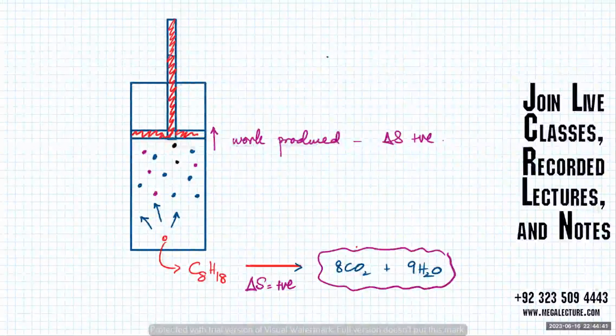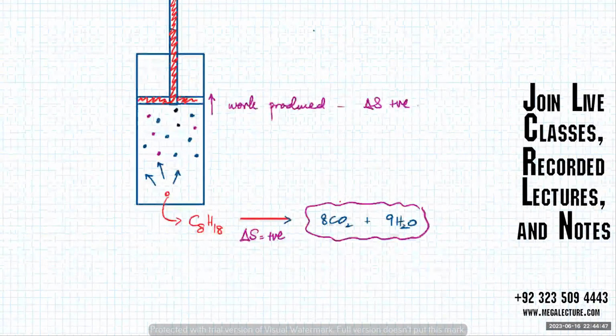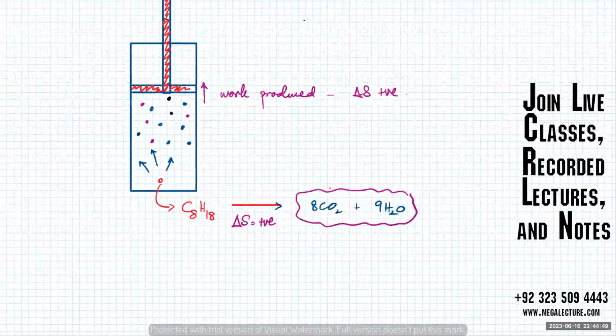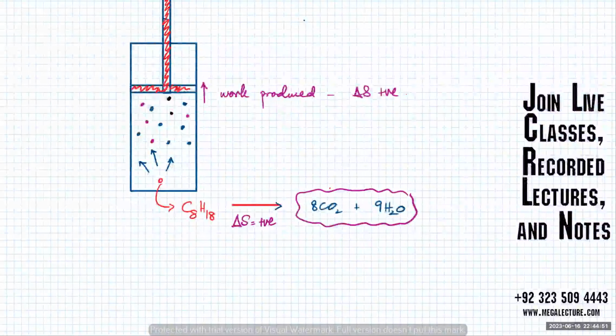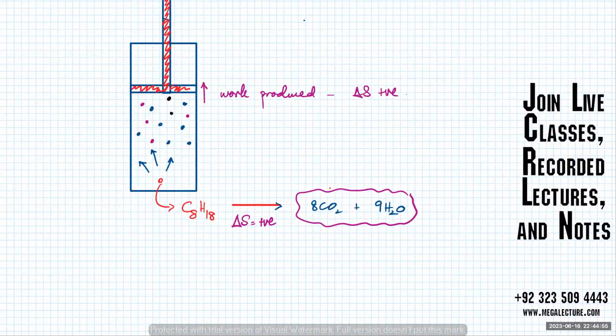Things don't really work on enthalpy change a lot. This will be important in chemical reactions, especially in thermodynamics, because we want delta S to be maximum positive. We want reactions where a lot of disorder gets created. That disorder can be used to run thermodynamic systems.